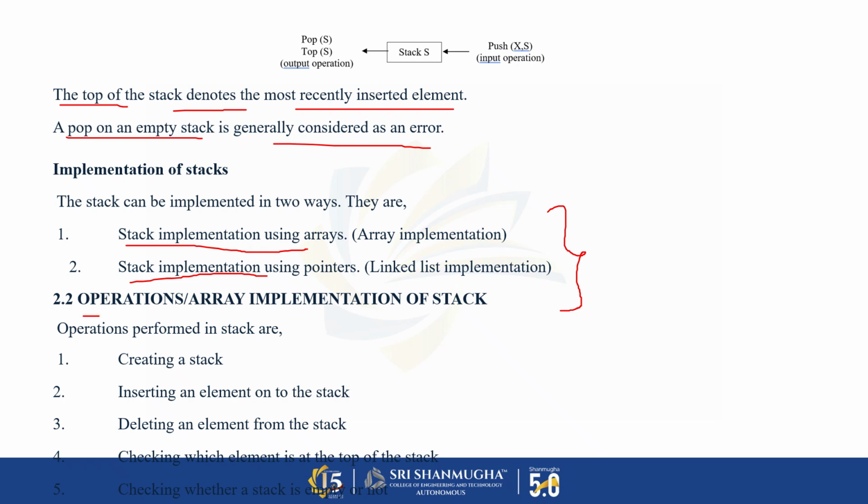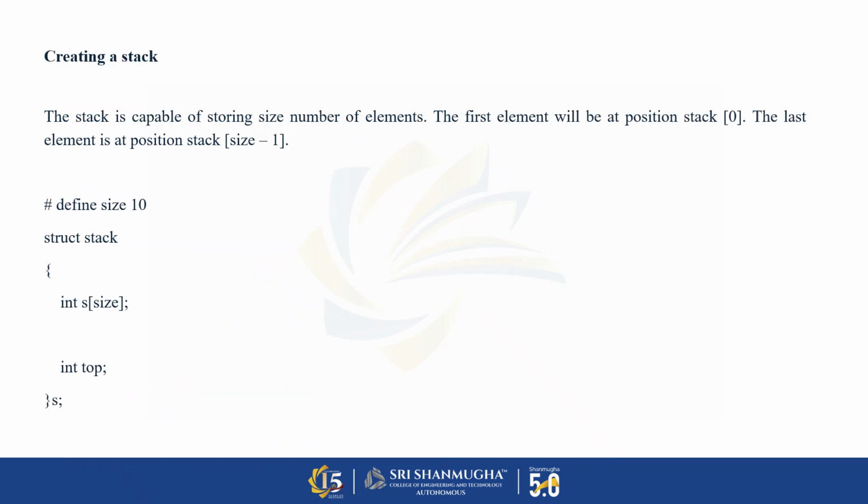The operations performed in the array implementation of stacks are: first, creating a stack; second, inserting an element onto the stack; third, deleting an element from the stack; and next, checking which element is at the top of the stack. First, creating a stack.